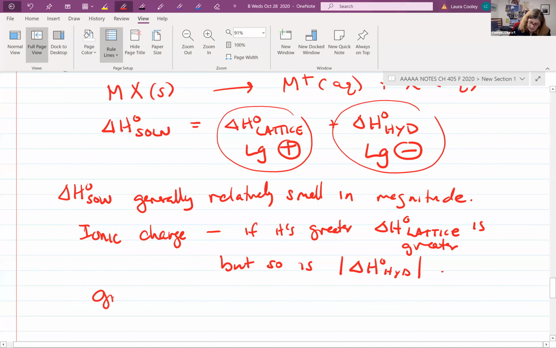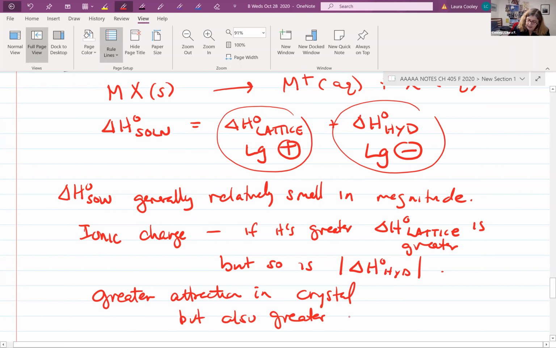Okay, so there's a greater attraction in the crystal that speaks to the lattice enthalpy, but also there's going to be a greater attraction to water.